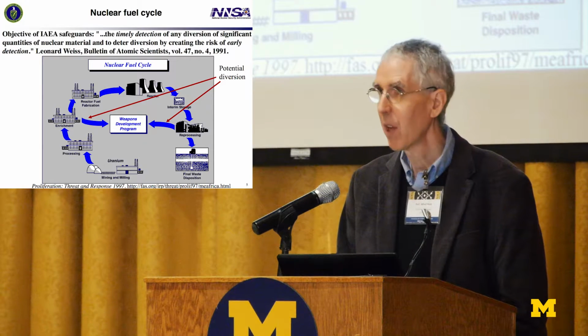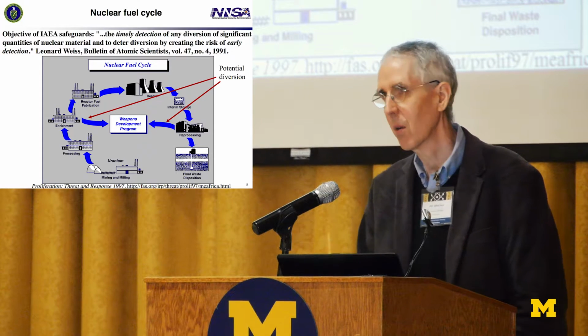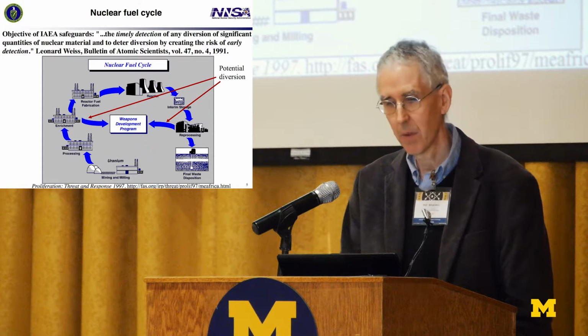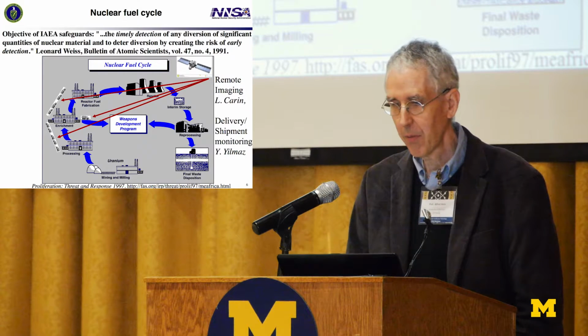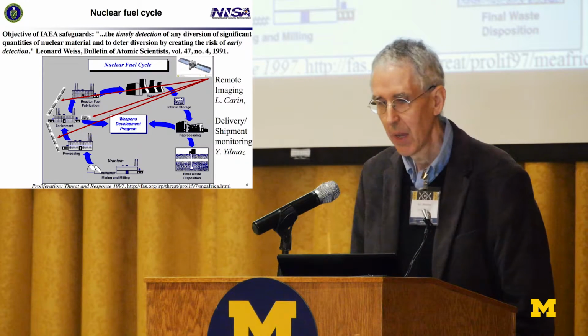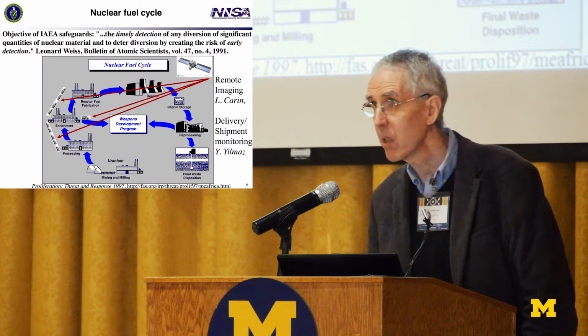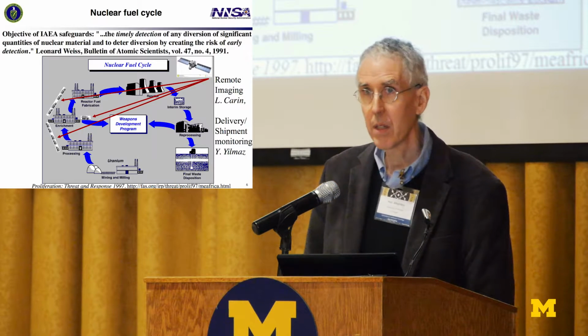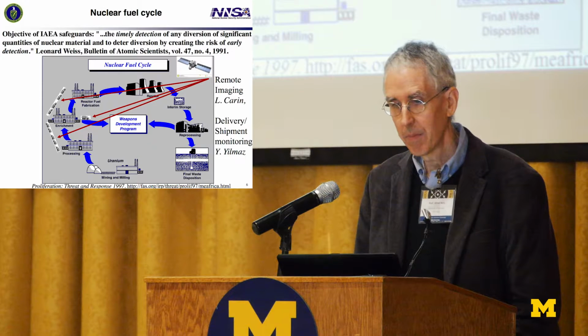So weapons development programs, of course, are what we're trying to detect in terms of undeclared facilities or diversions of nuclear materials. And these diversions we're looking at from the point of view of many different types of modalities where we can detect different types of diversionary activities.